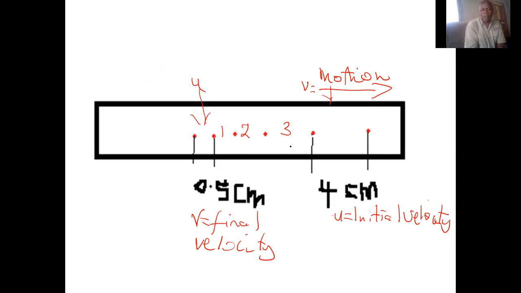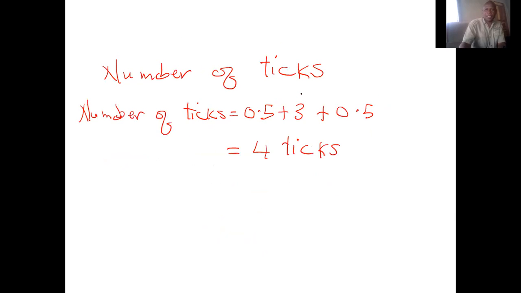So you get half a tick for the final velocity and half a tick for the initial velocity. And therefore we have 4 ticks.